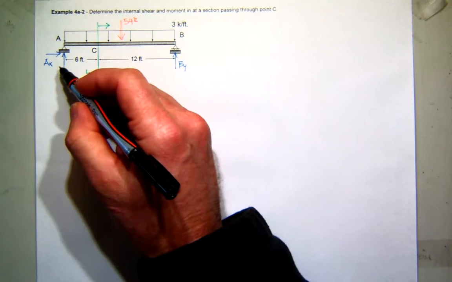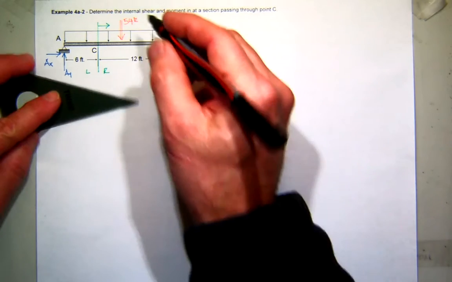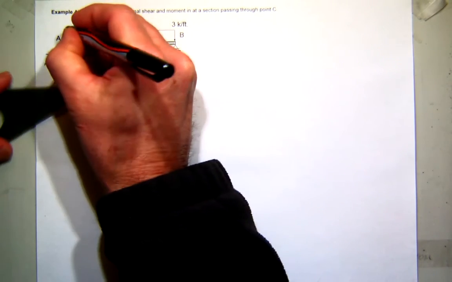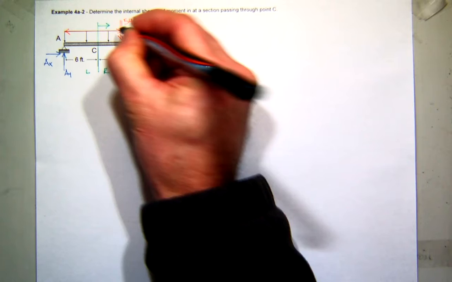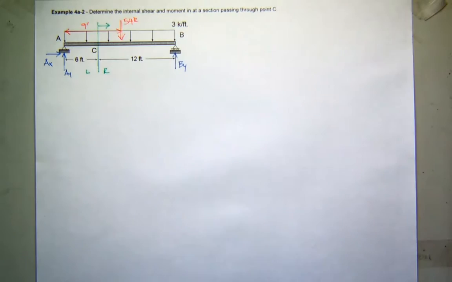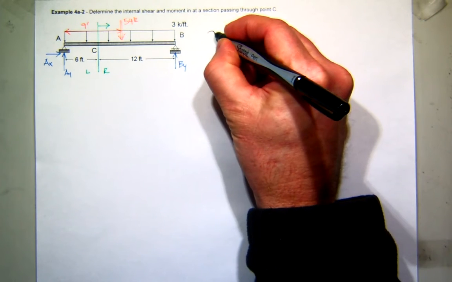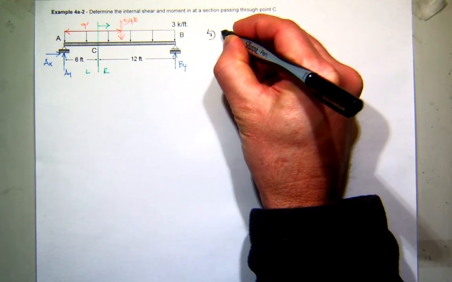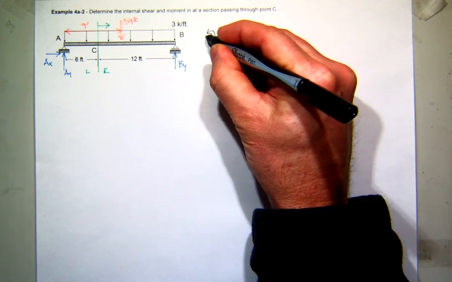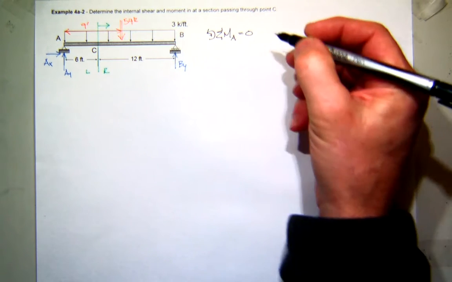Since I'm going to sum moments about A, I'll go ahead and sketch in what that distance is. It's half the distance. It's 18, so this will be 9 feet. So all I have to do then is come over here and sum moments about point A. I'm going to assume right-hand rule, and of course we'll set everything in equilibrium.